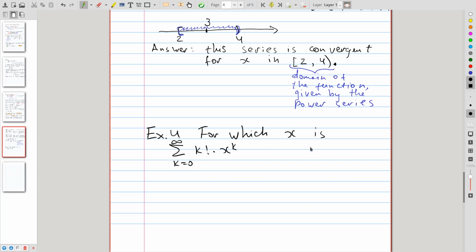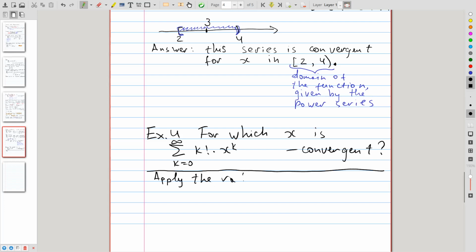So for which x's is this series convergent? The first thing to do, for this series as for most other power series, is to apply the ratio test. So that's what we will do.